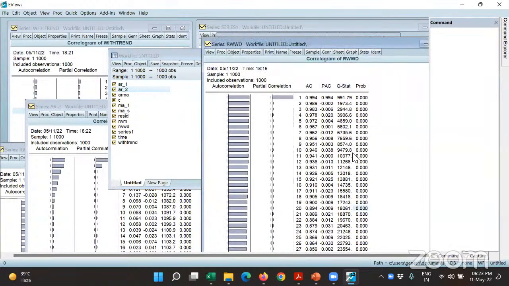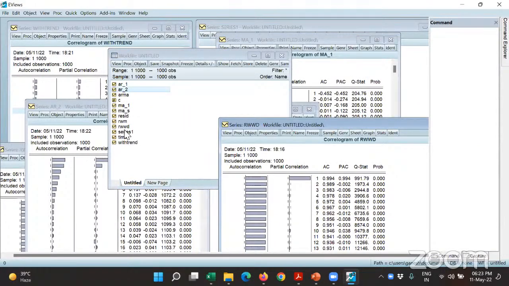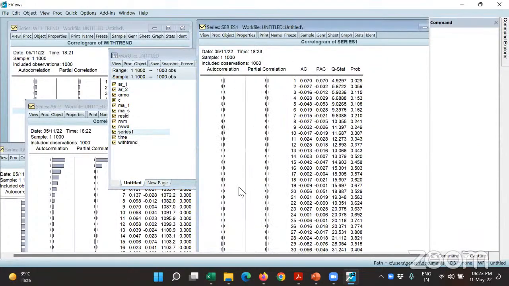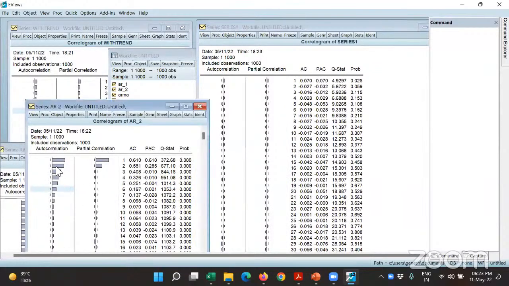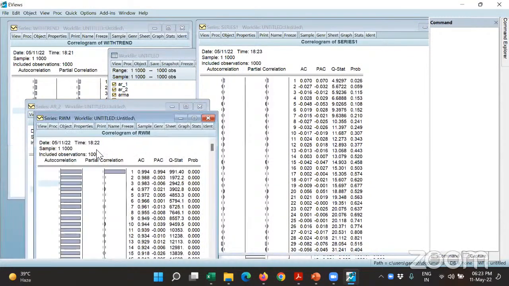So all the series except your white noise series, the one which you had, this one, are showing you some significant correlation coefficients along your time series itself. Okay? So these are non-zero correlations which have been observed here.